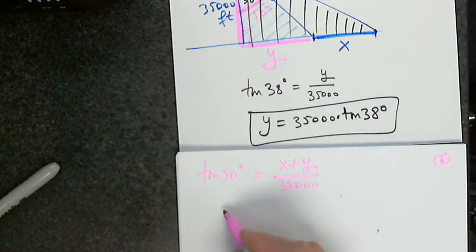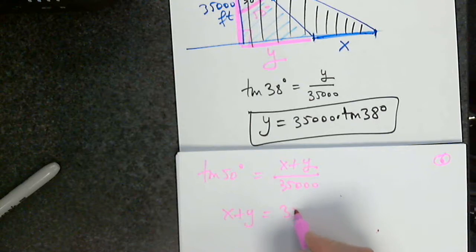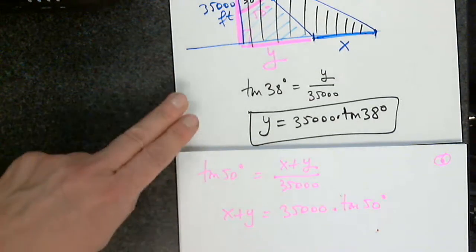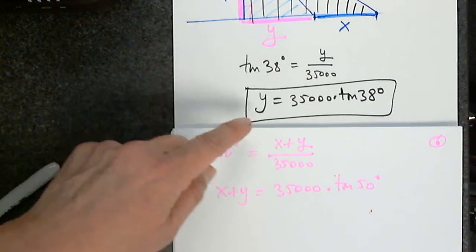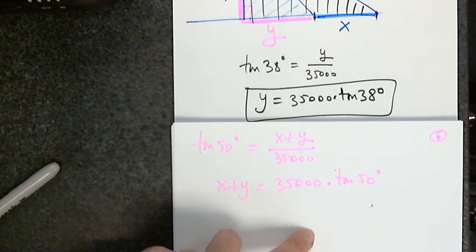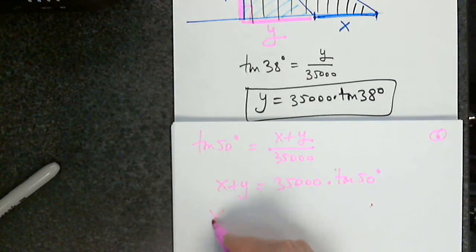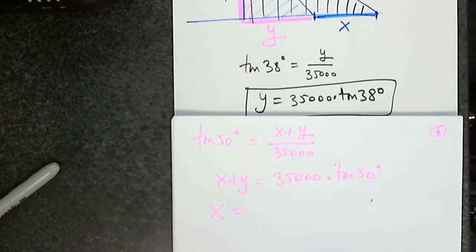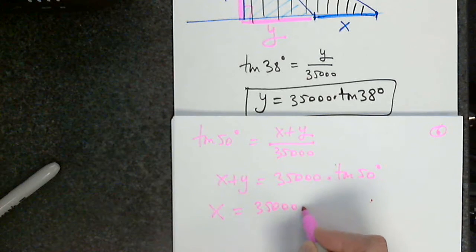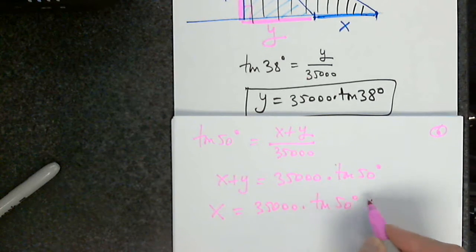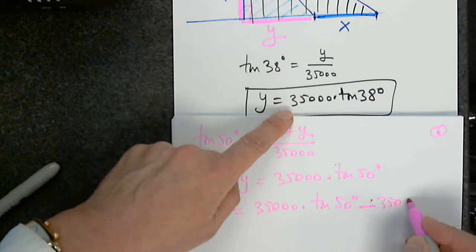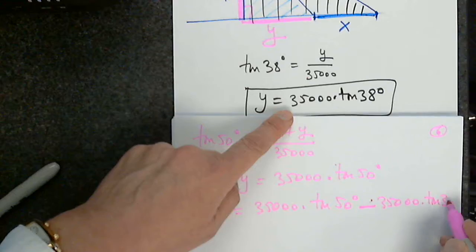I cross multiply, and I get that x plus y equals 35,000 multiplied by tangent 50 degrees. All I have to do is move y to the other side and plug it in, because I have it. x is the distance that I need to determine. So I have 35,000 multiplied by tangent 50 degrees minus y, which is 35,000 times tangent 38.